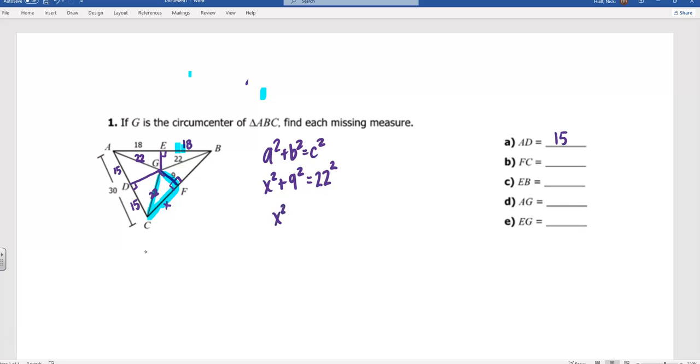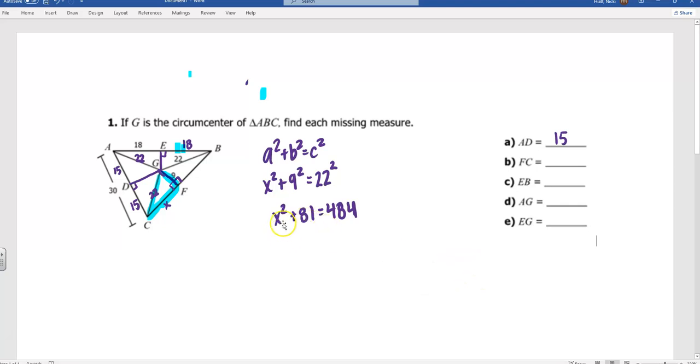So I've got x squared plus 81 equals 484. What do I do next, Zoe? To solve that for my x. X squared plus 81 equals 484.